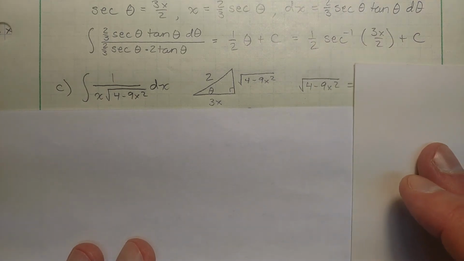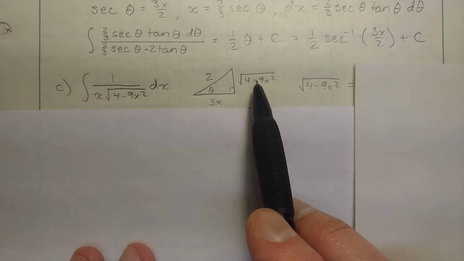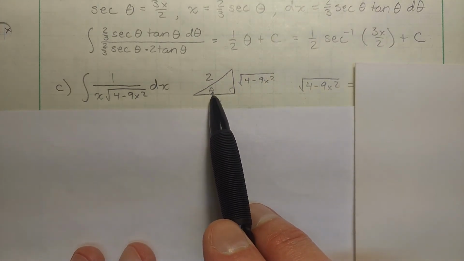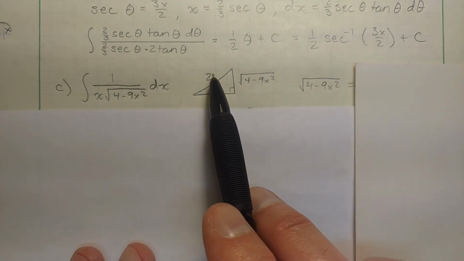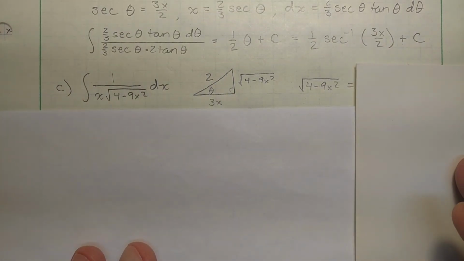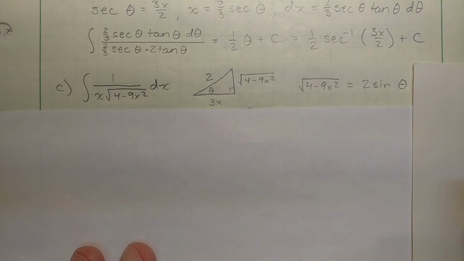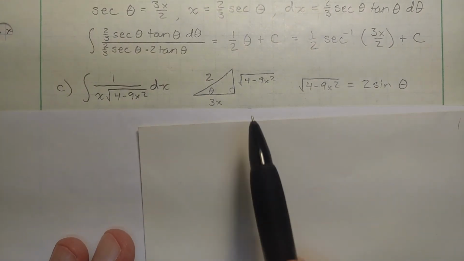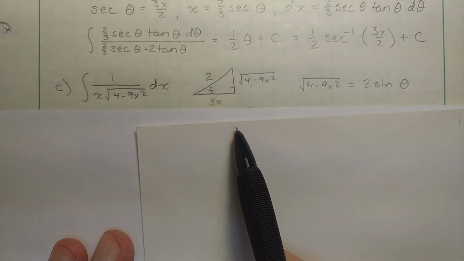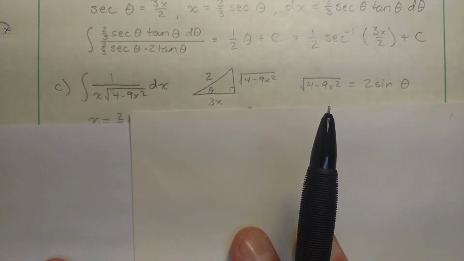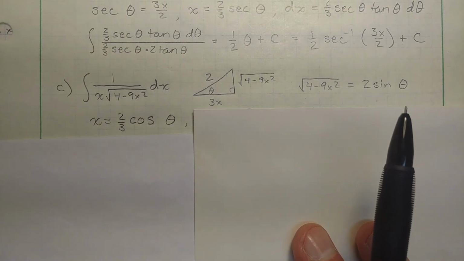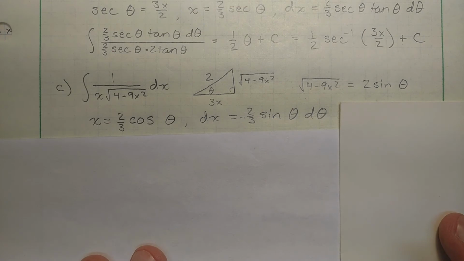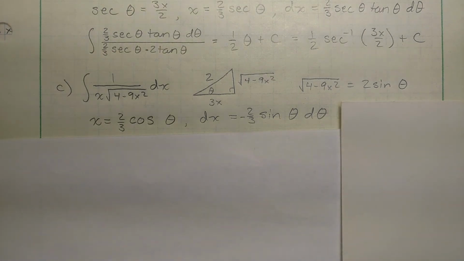So, looking at this, the sine of theta is equal to this over 2, so that here is just equal to 2 sine theta. For x, we know here that the cosine of theta is 3x over 2, so x is 2/3 cosine theta, which makes our dx negative 2/3 sine theta d theta.